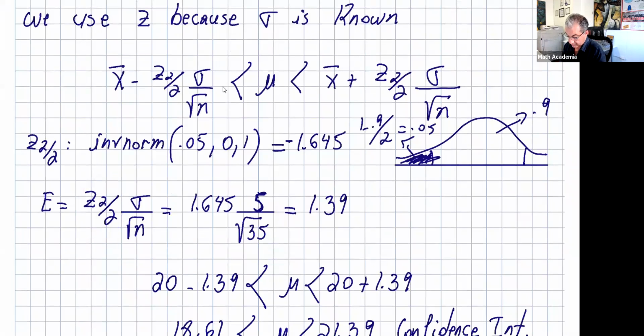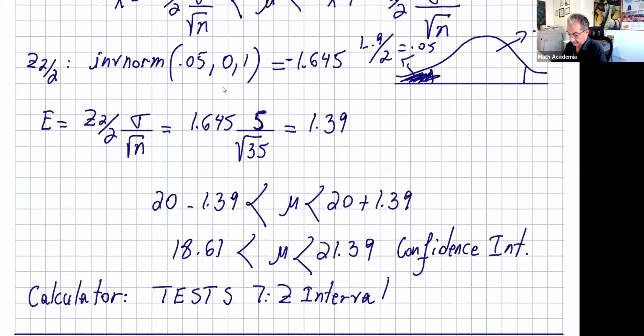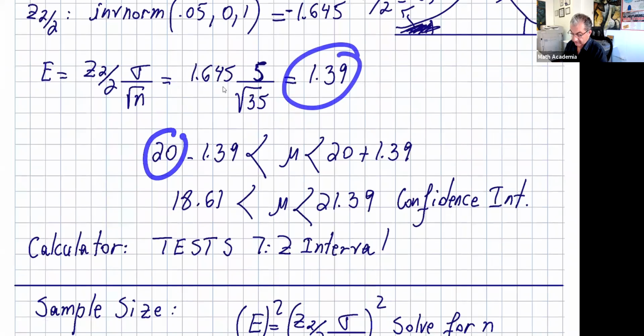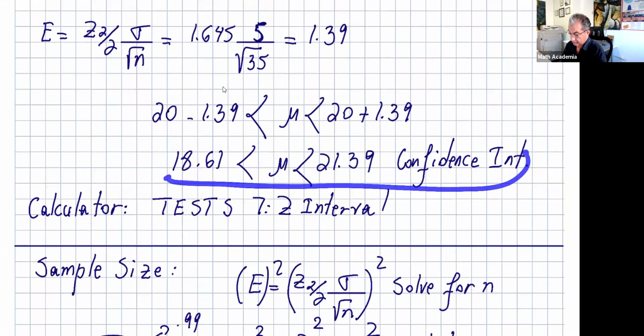Take the positive one. 1.645 times 5, which was sigma, divided by square root of n, which is square root of 35, and you get 1.39. 20 was the sample mean. So you do 20 minus 1.39, 20 plus 1.39, and this is your confidence interval.